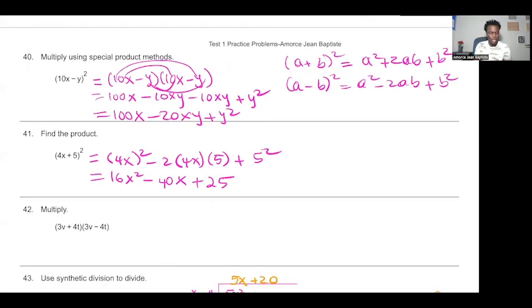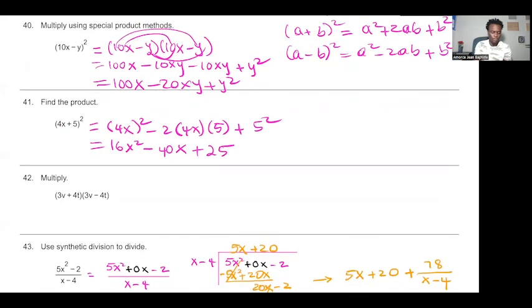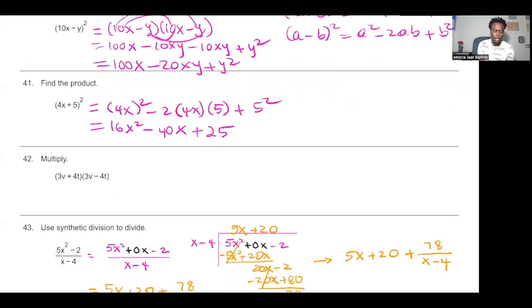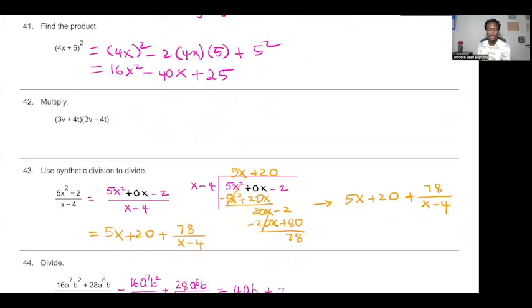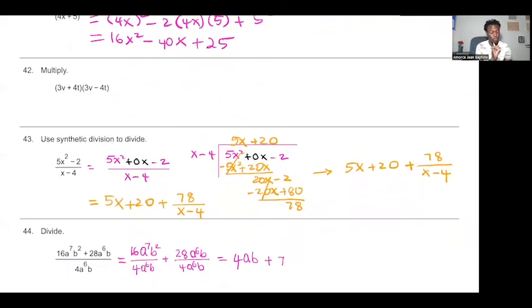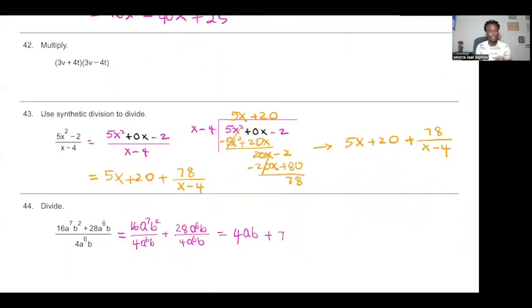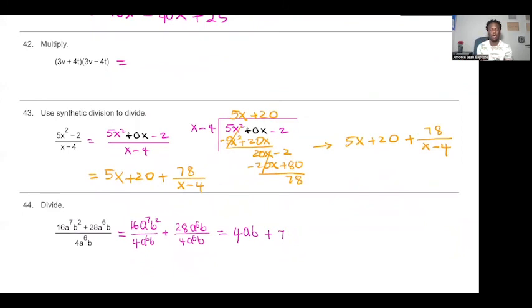And over here, we're going to use FOIL, or let me use the product of the sum and the difference of two terms. The product of the sum and the difference of two terms is the difference of the squares of the two terms.